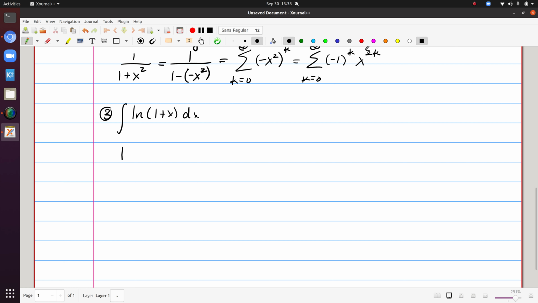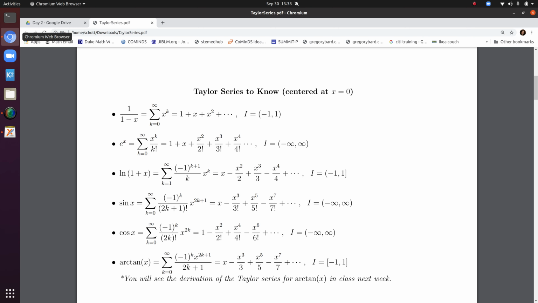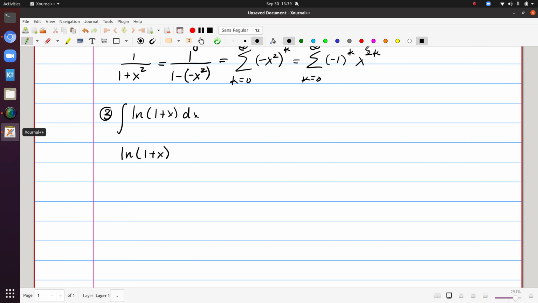So again, to start, notice that natural log of 1 plus x is one of our given series here, the third one on there. And that series starts at 1 and has terms negative 1 to the k plus 1 over k.